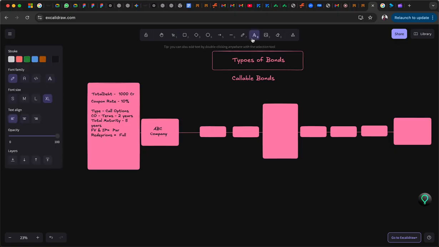So we are assuming in this case that the bonds were issued in 2023, 2024, 2025, 2026, and 7.